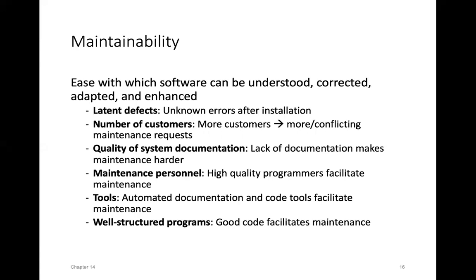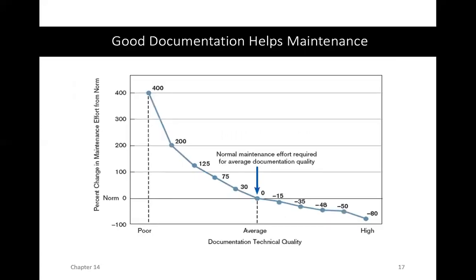Going back to the quality of the system documentation, how important do you think is having good quality system documentation? This will scare you. Our y-axis, what does it say? Percent change in maintenance effort from the norm. And our x-axis, the documentation technical quality.